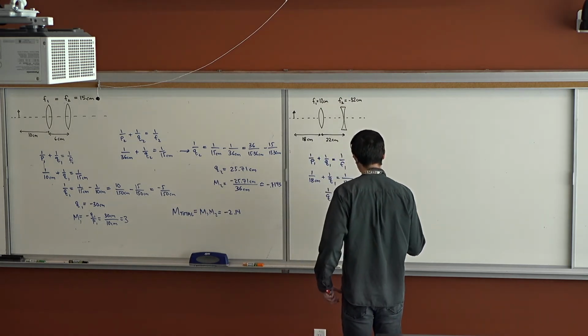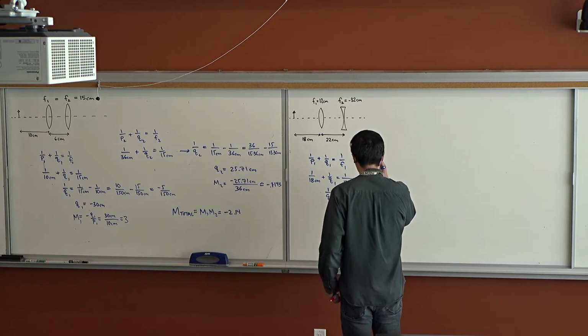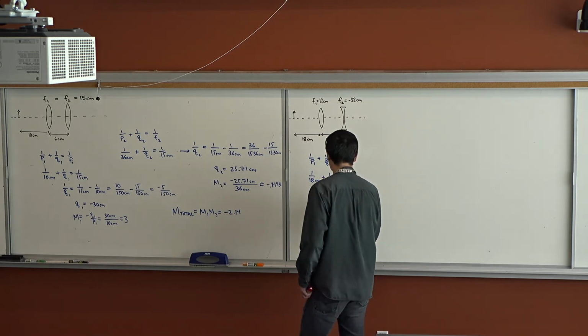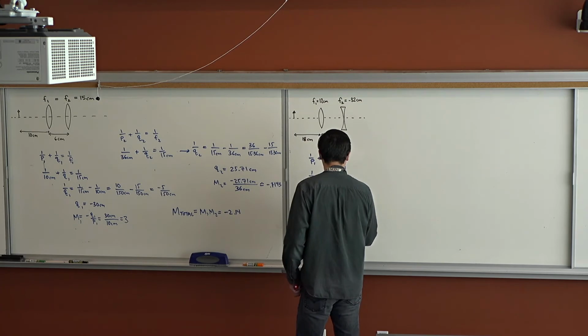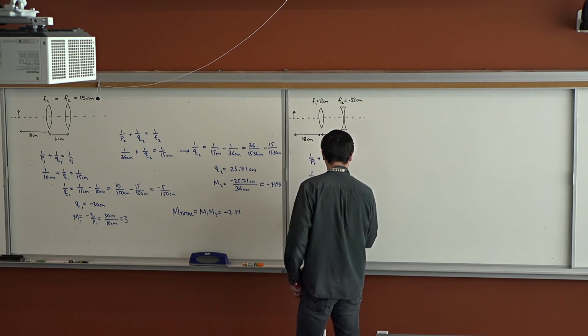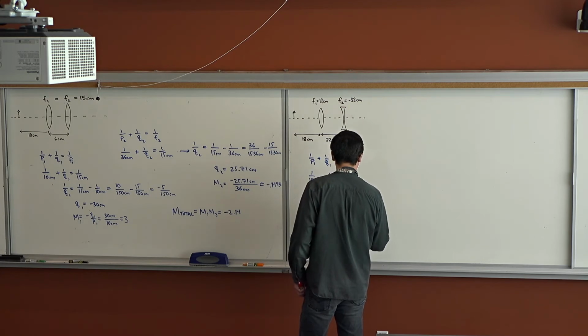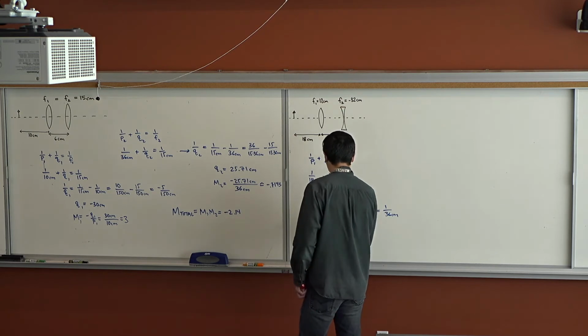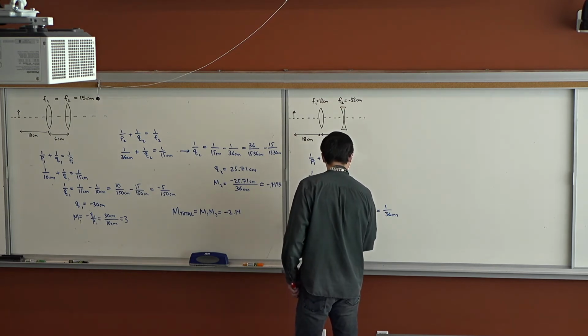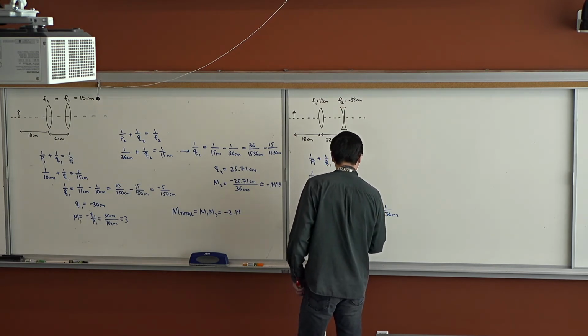I can do this for 36, right? So that's 3 over 36 centimeters minus 2 over 36 centimeters is 1 over 36 centimeters. It tells me that Q1 is going to be 36 centimeters.